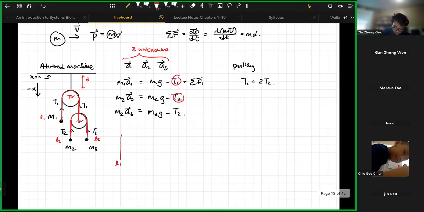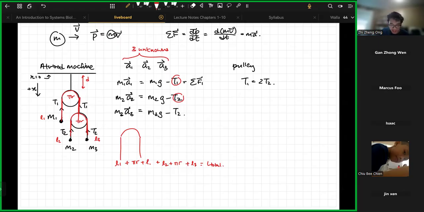L1 plus pi D plus L1 equals L2 plus pi. My bad, that was confusing for people to see.